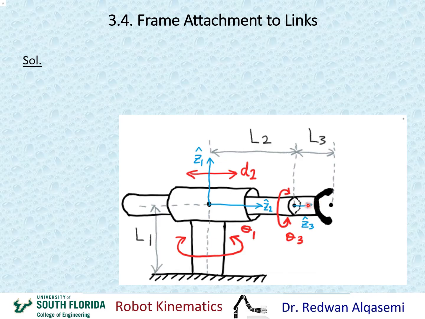Where if I put Z3 in the opposite direction, I'm creating a twist angle of 180 degrees. That would affect my calculations and make them a little longer, unnecessarily. So if I put both of them in the same direction, that helps me eliminate that twist angle between them.